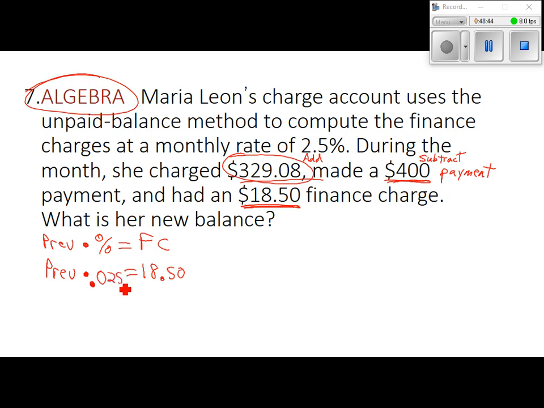How are we going to solve for previous balance here? If you're multiplying these two together, what's the opposite of that? Somebody help me out. What's 1850 divided by 0.025? What should our answer be? Give me a relative kind of thing here.